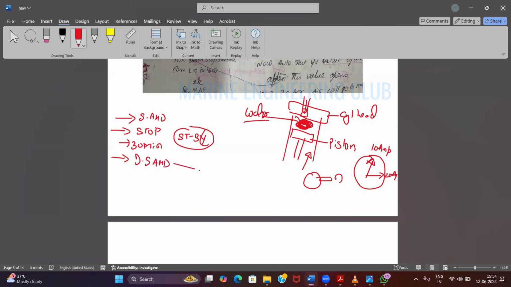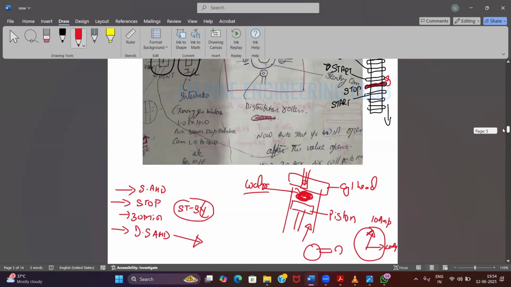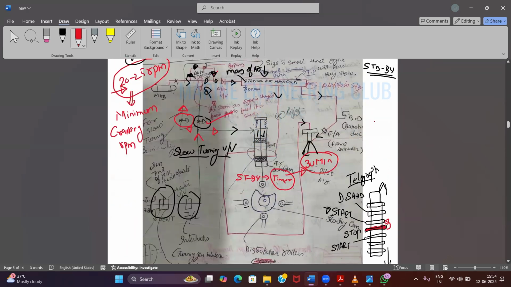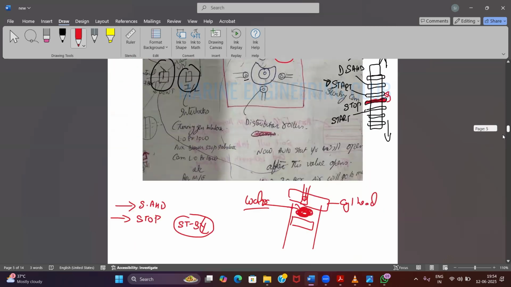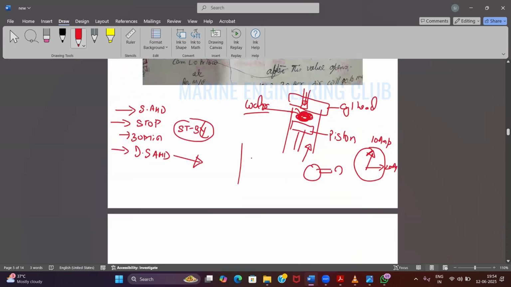The first air that goes will only go to the slow turning valve. It will only go from here, not from here, because there might be possibilities that in those 30 minutes something might have happened inside my piston and my liner, either a water leak or the piston has jammed in my liner, or something else.